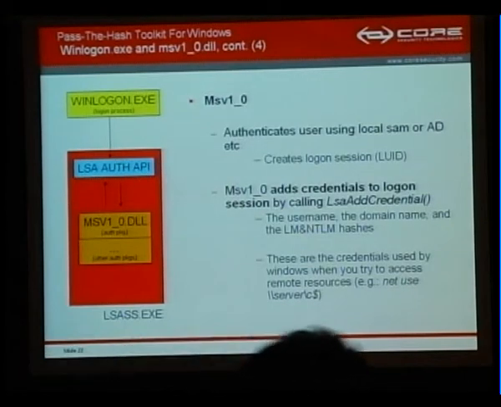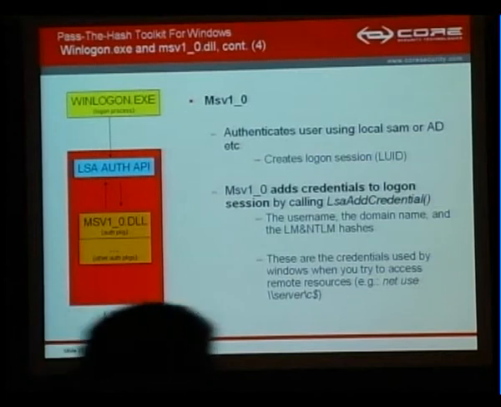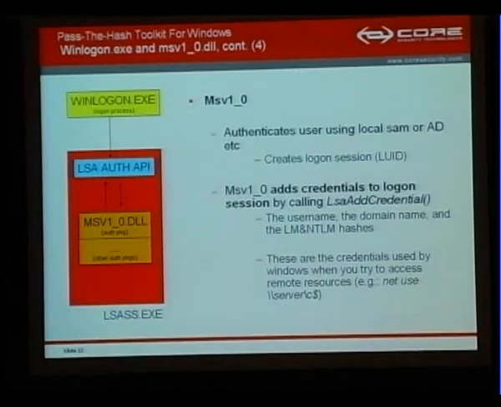It does this by calling the LSA add credential function provided by LSA, and these credentials that it adds to the logon session that it has just created are the username, the domain name, and the hashes of the password that the user entered.